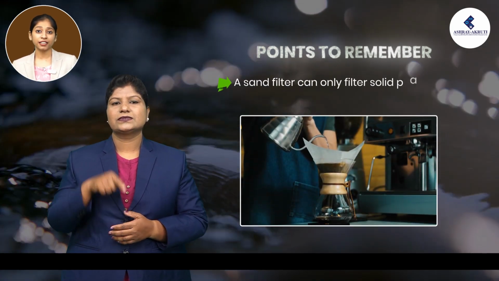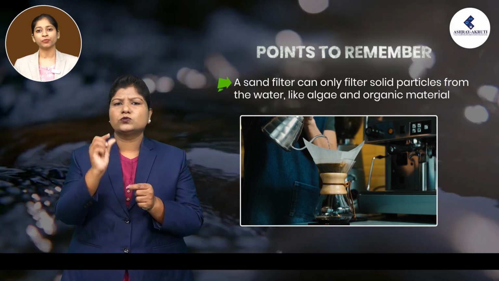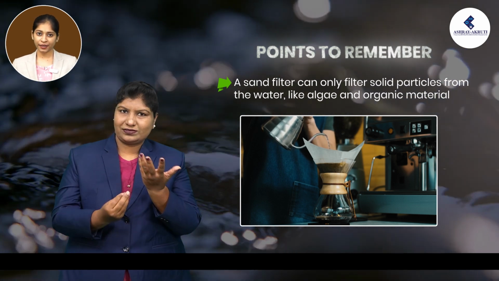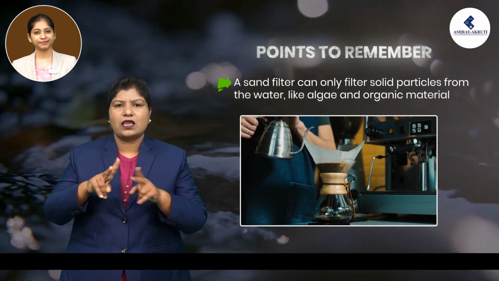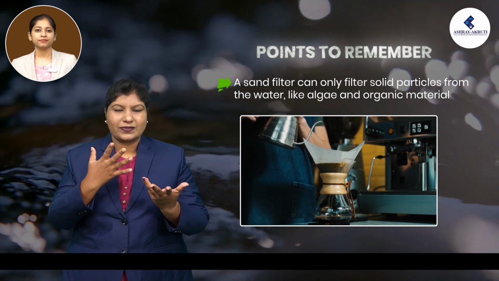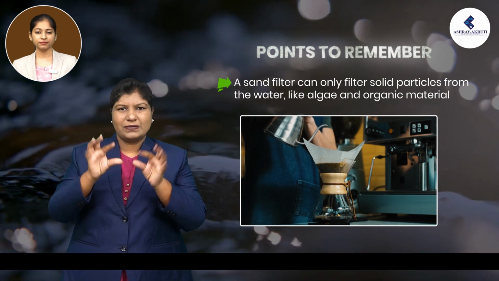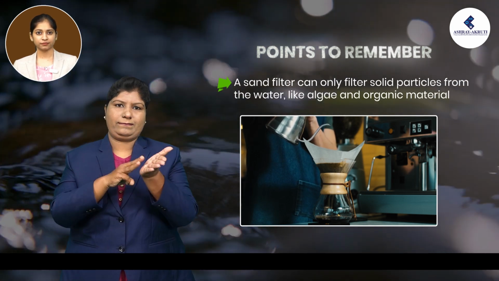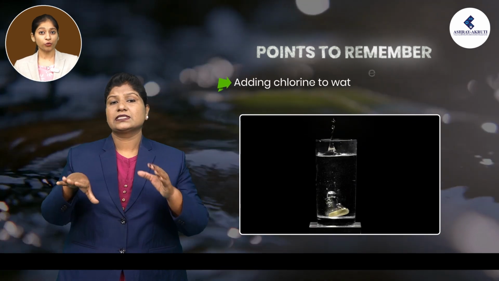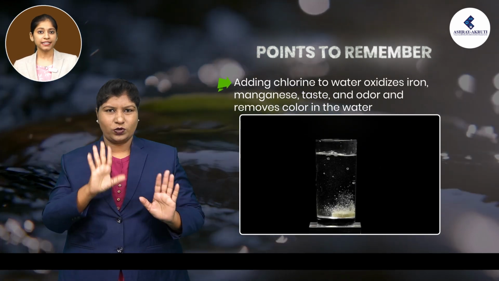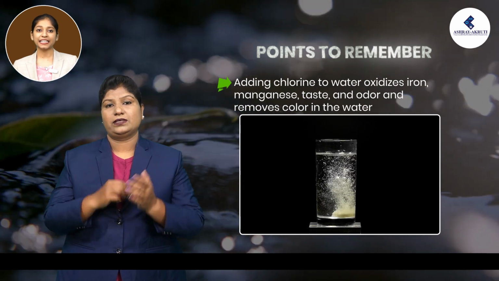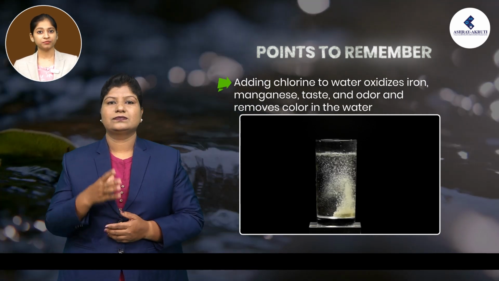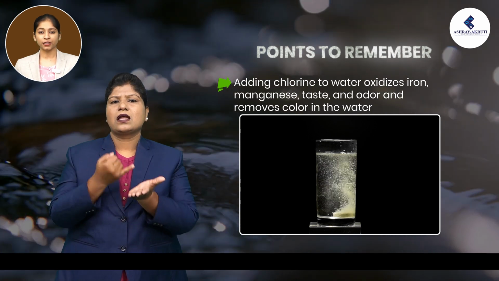A sand filter can only filter solid particles from the water, like algae and organic material. Adding chlorine to water oxidizes iron, manganese, taste and odor and removes color in the water.